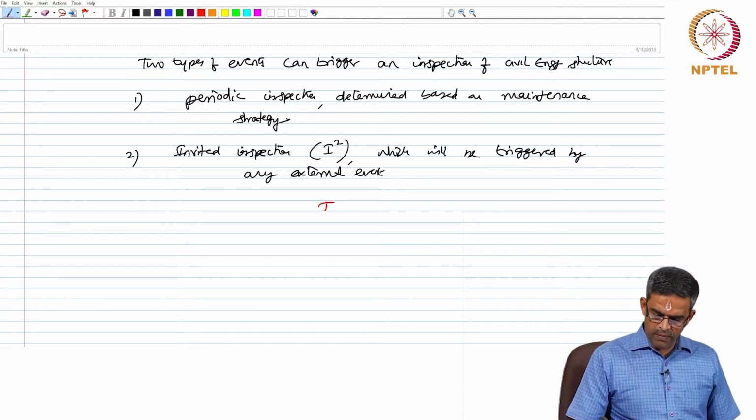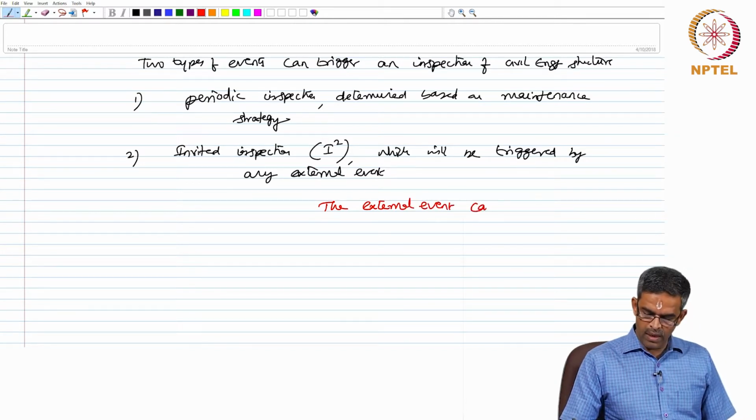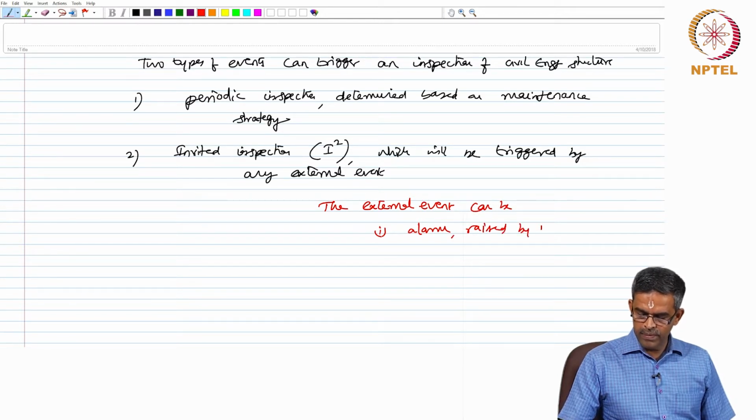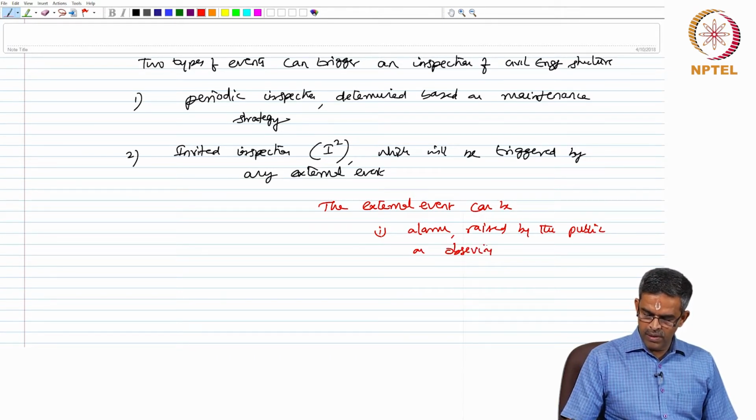The external event can be an alarm raised by the public, on observing any damage.